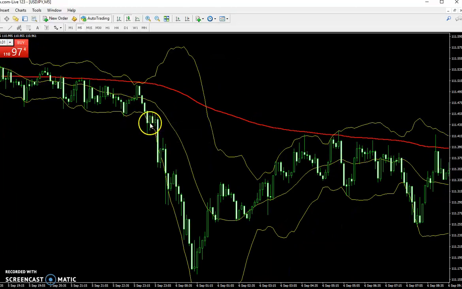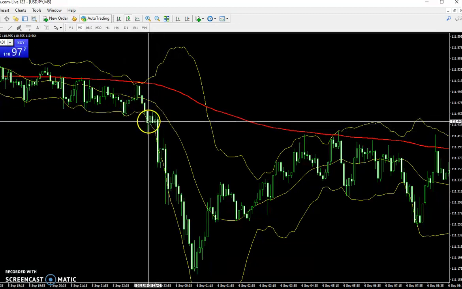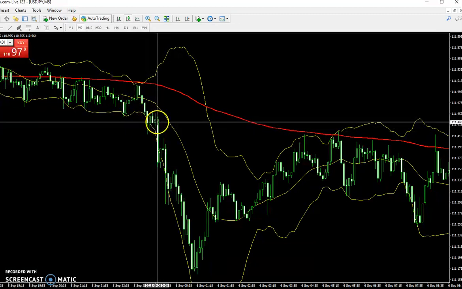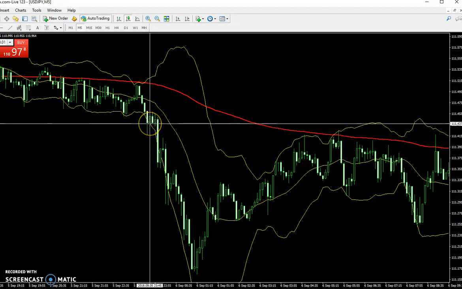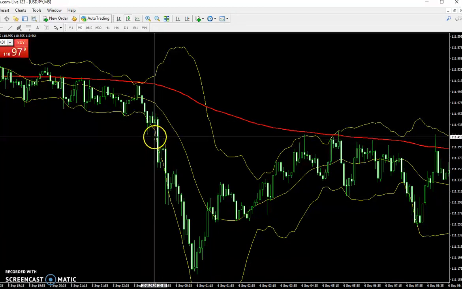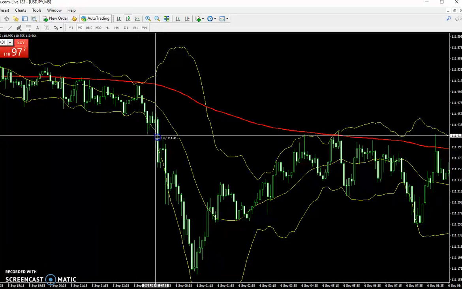The advanced method is if it breaks support here, you see a few candles that didn't quite make it, so then you get in after. You can put up a stop buy order if price reaches below this wick right here. So you would have gotten another 2 pips.